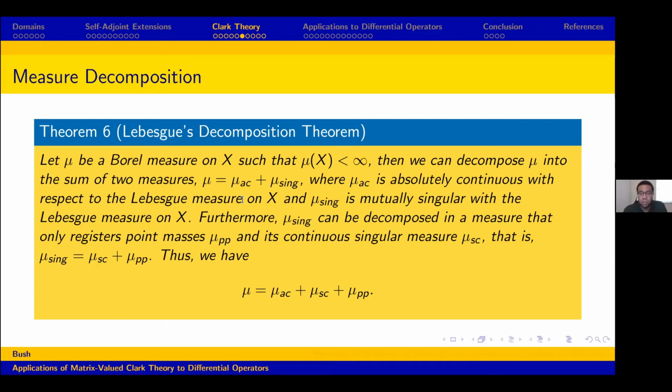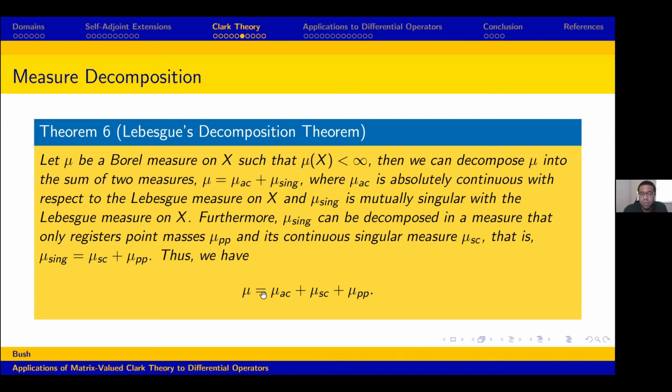And then furthermore, as it turns out, the point masses you sort of get for free, in that they're going to be singular with respect to the Lebesgue measure just by design. So very often the singular part is broken down into the pure point part, which is just the point masses, and everything else, which we call the singular continuous part. So in total, you get this decomposition.